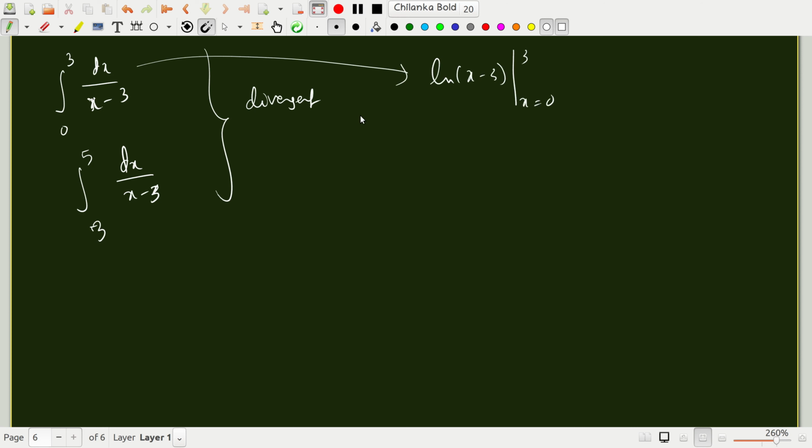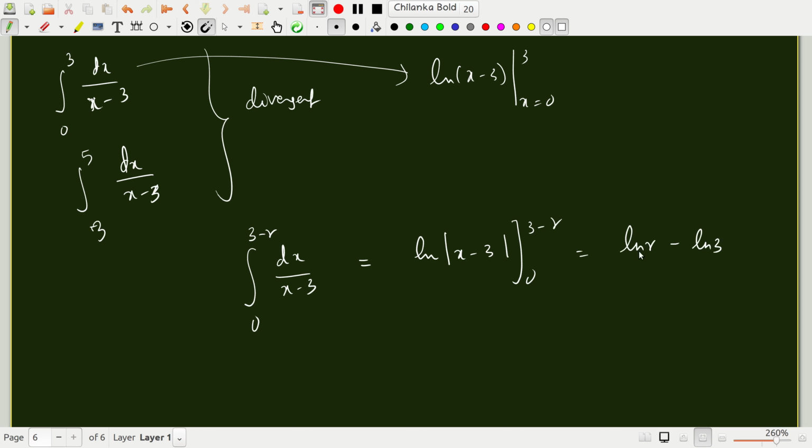So to avoid this, instead of going from 0 to 3, we go from 0 to 3 minus r of dx by x minus 3, and you will get ln of x minus 3 from 0 to 3 minus r. This is ln r minus ln 3. Obviously this ln r will diverge as r goes to 0.